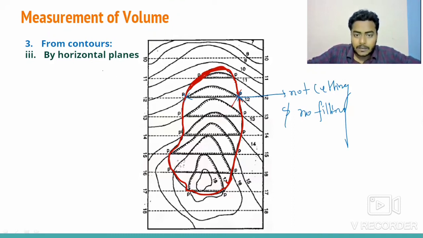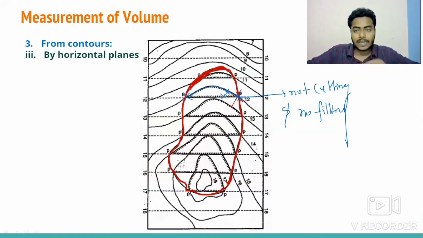But if you are going inside this curve like this one, it shows the ground elevation is 12 meter, and we want less than 12 meter here, like this one, 12 meter here, and this one is also 12.